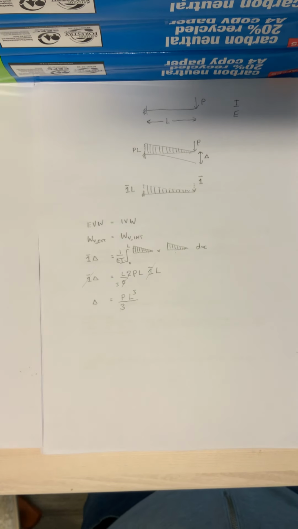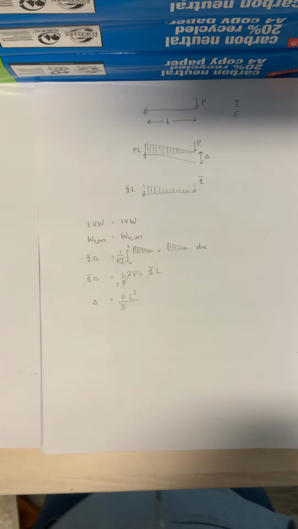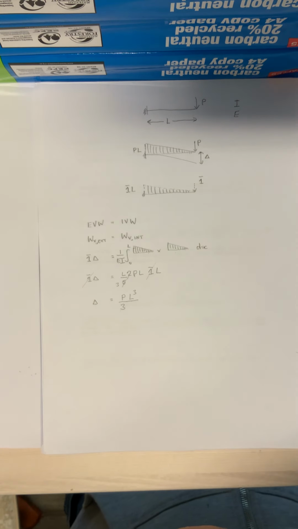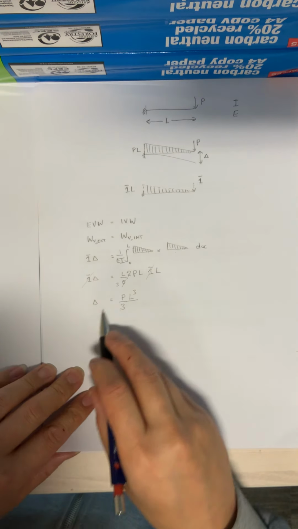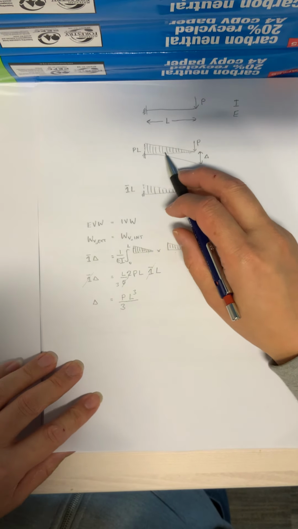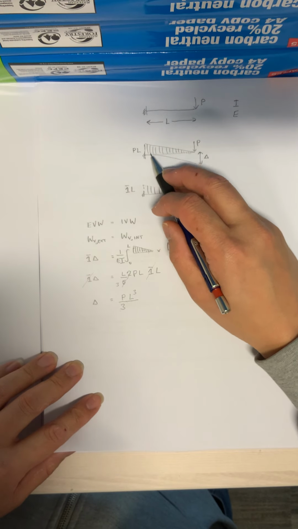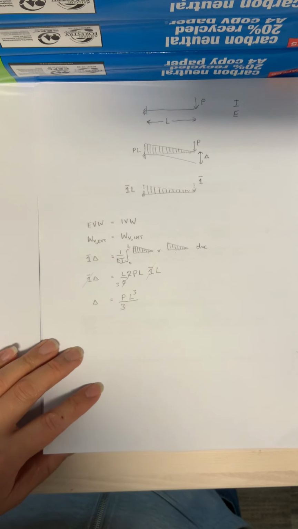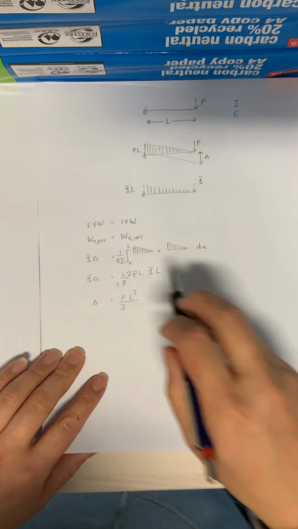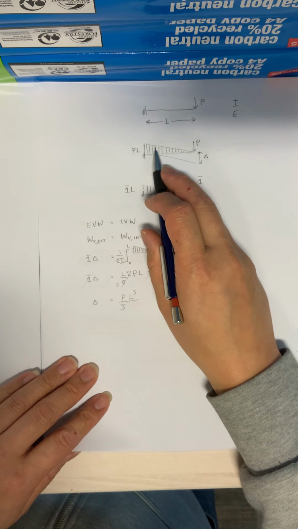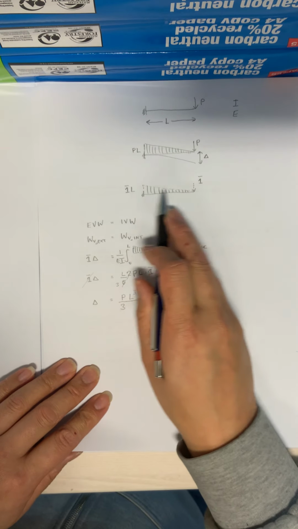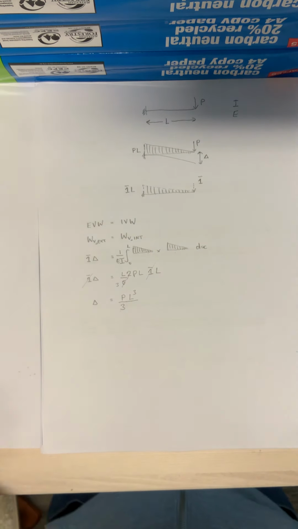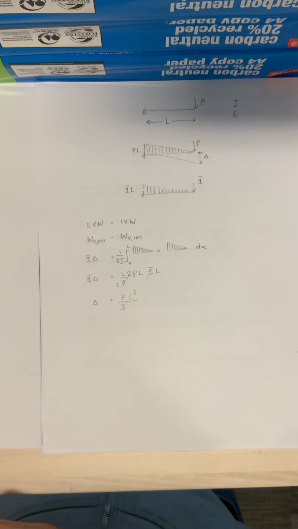Now, in this example here, for this deflection there, we can see that the bending moment is on the same side. So because the bending moment is hogging, we've got hogging multiplied by hogging, and that's the same, it's positive.